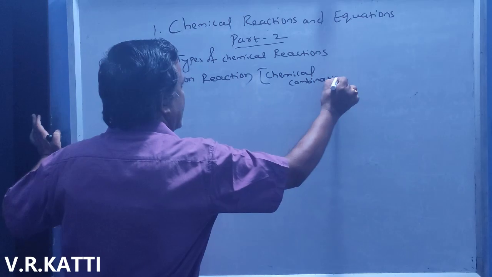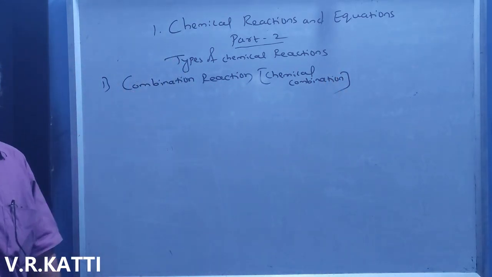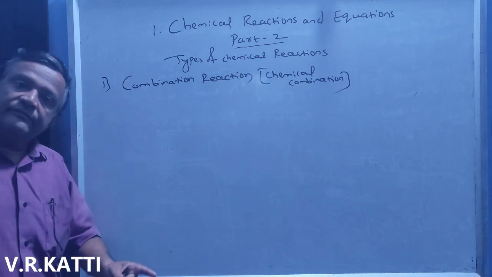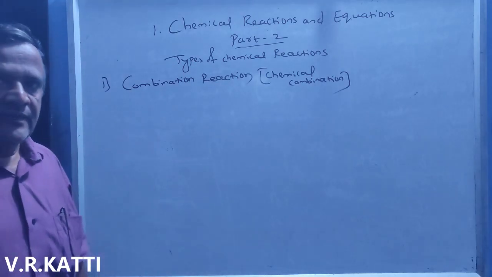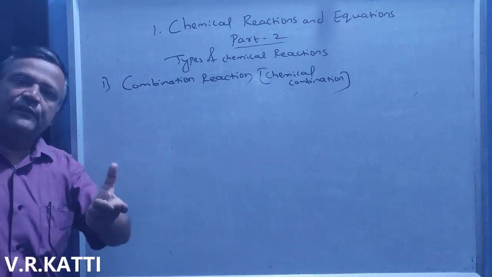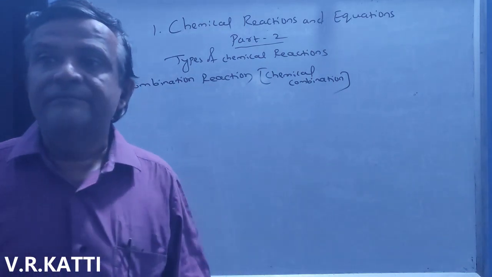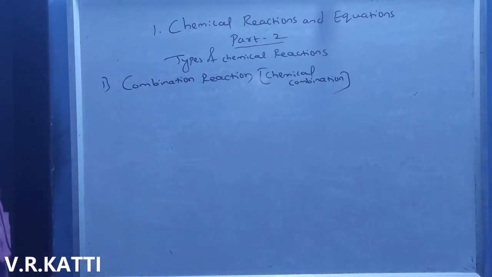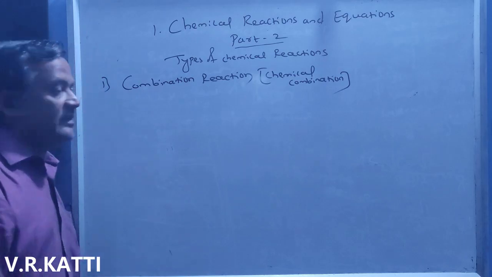So students, what is meant by combination reaction? We shall define it with the help of an example. First, let me give an example, and with the help of the example, I will define. See here, let us take a simple example.